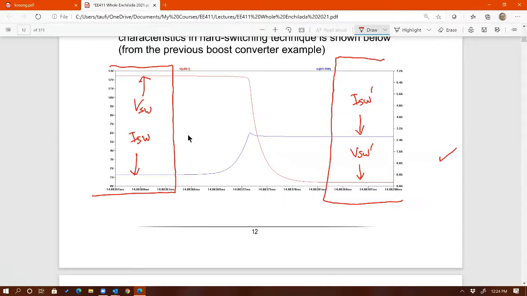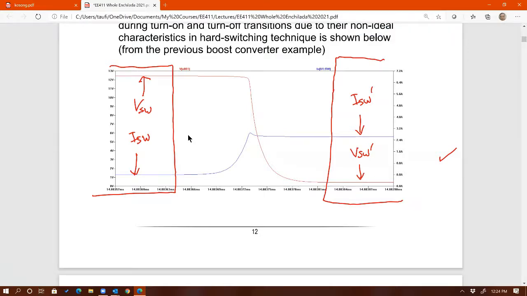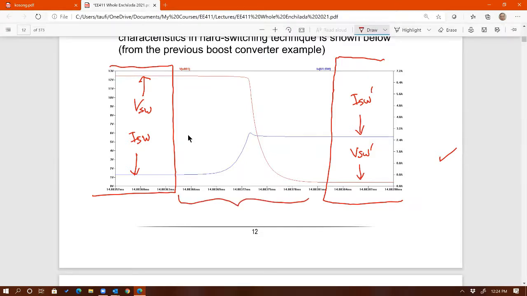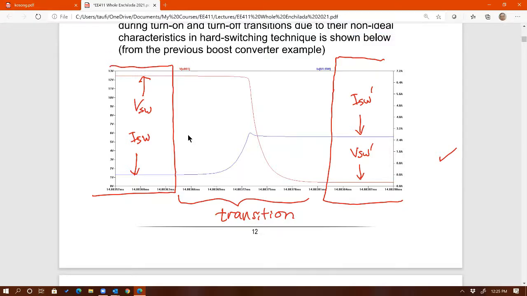So we have two different static conditions before and after the transition. And in between, this is what we call the switching transition.